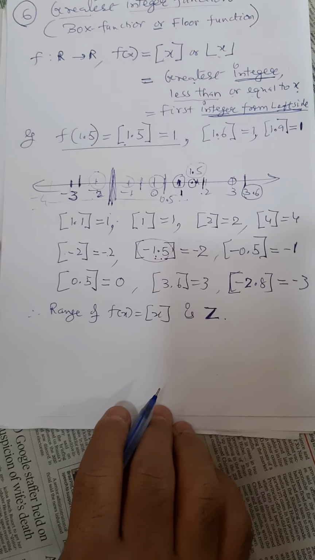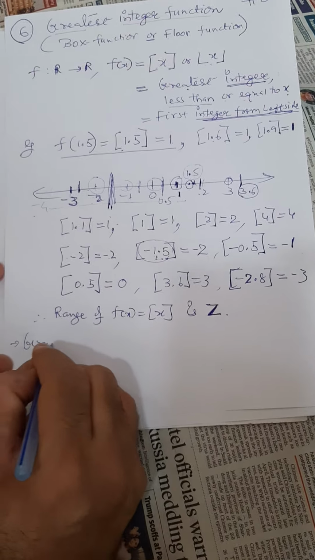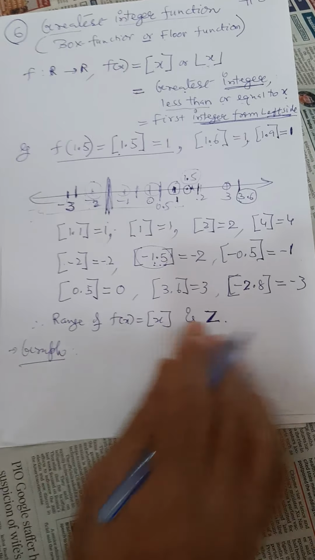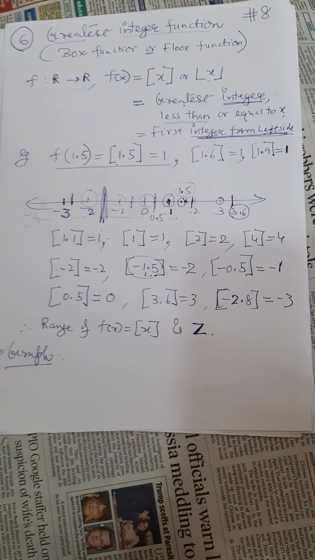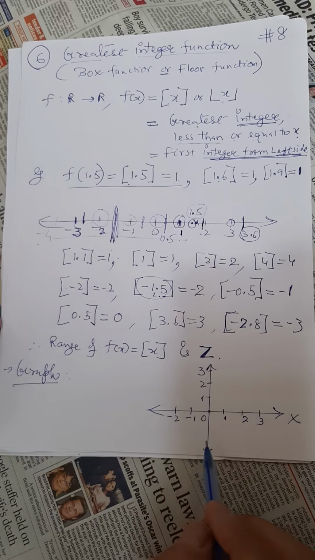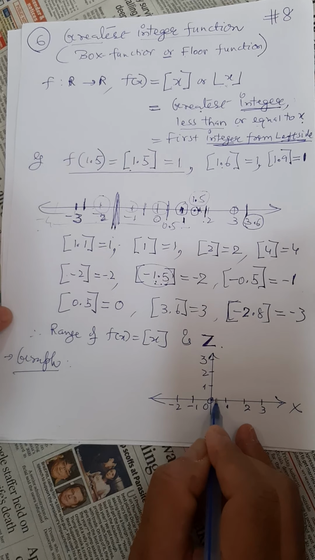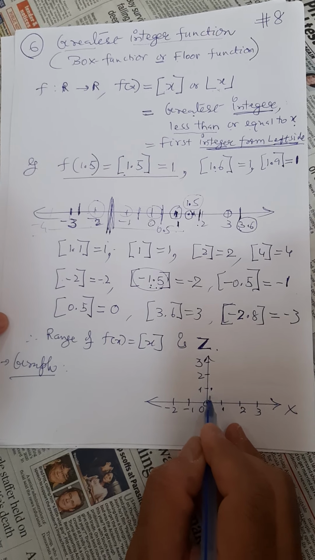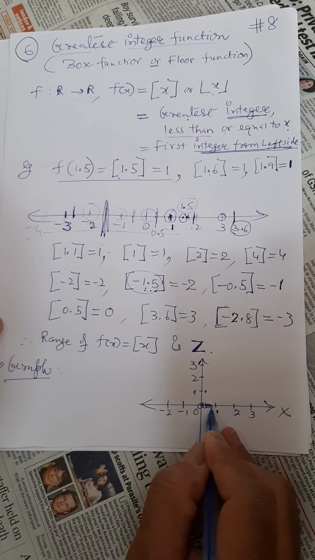Now I'll try for the graph of this function. So I'll consider two coordinate axes here. If I take 0, then it is 0. If I take 0.1, box of 0.1 is 0. 0.2, 0. 0.3, 0.